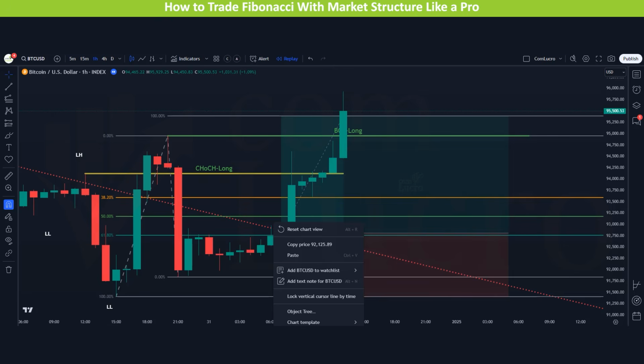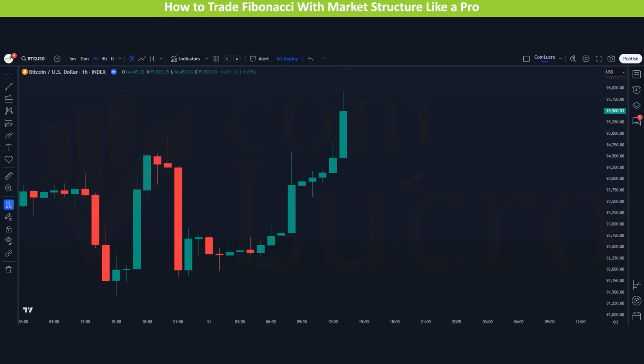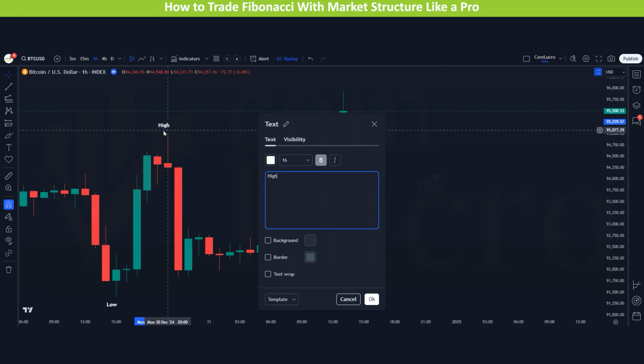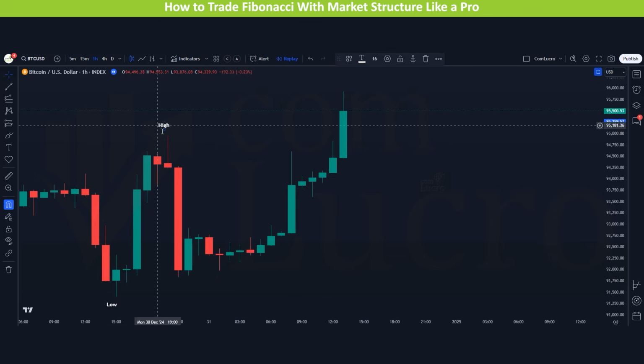The first step is to clear the old bearish markings, like LH and LL, since they no longer apply in this new context. Next, we redraw the structure to reflect the bullish trend, marking the highs, lows, higher highs, HH, and higher lows, HL. This keeps our read of the market's direction clear and accurate, making it far easier to spot setups that line up with the trend.